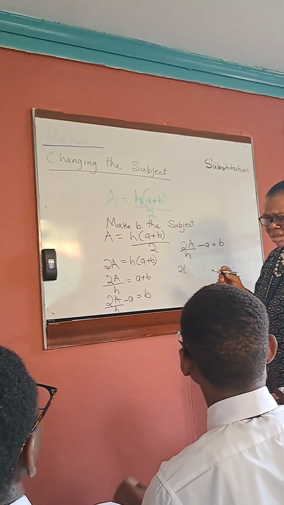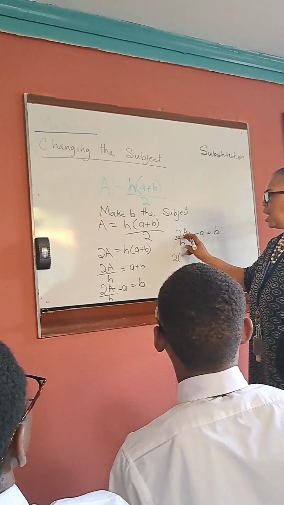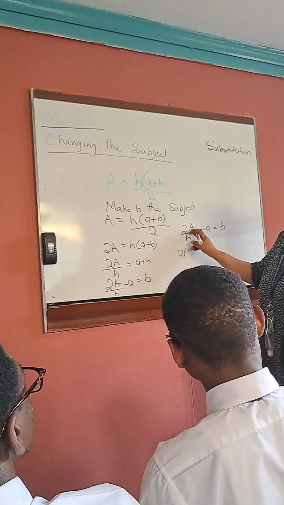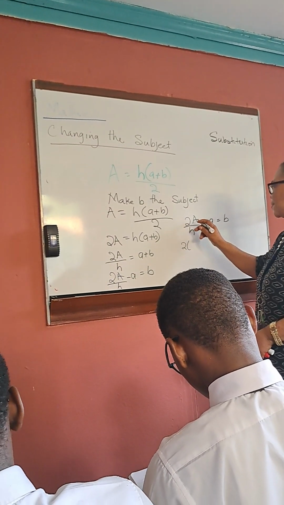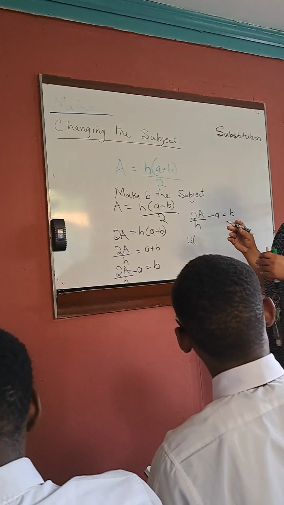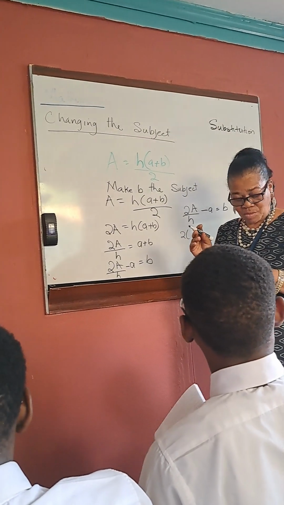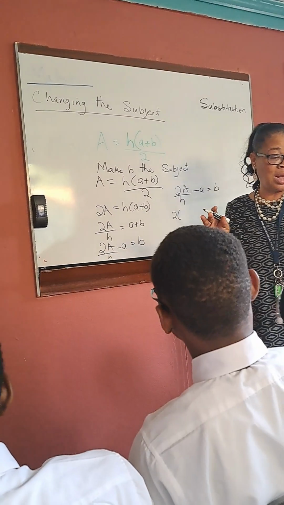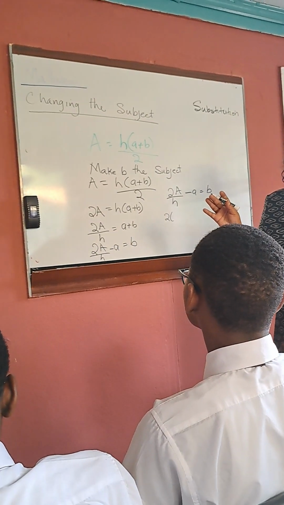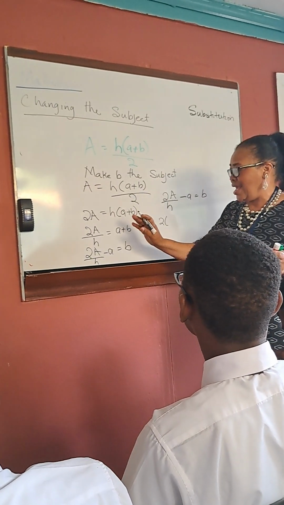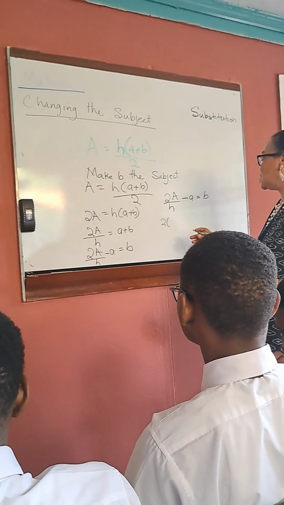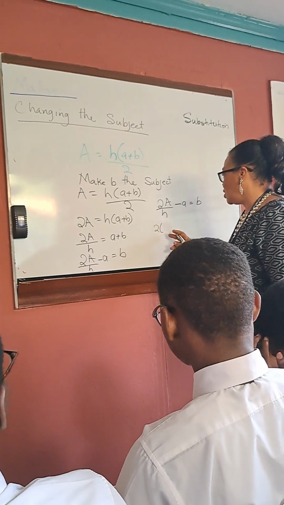Capital A, when we worked it out, was 69.3. So the answer A is 69.3.